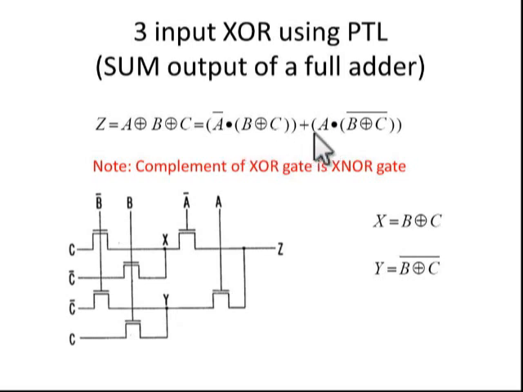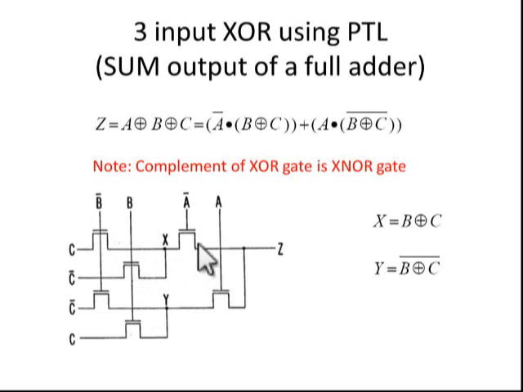Why we have designed like this: we already designed the XOR. Now X gives B XOR C, and Y gives B XOR C whole bar, that is B XNOR C. So these two gates give XNOR output, and these two gates give XOR output.